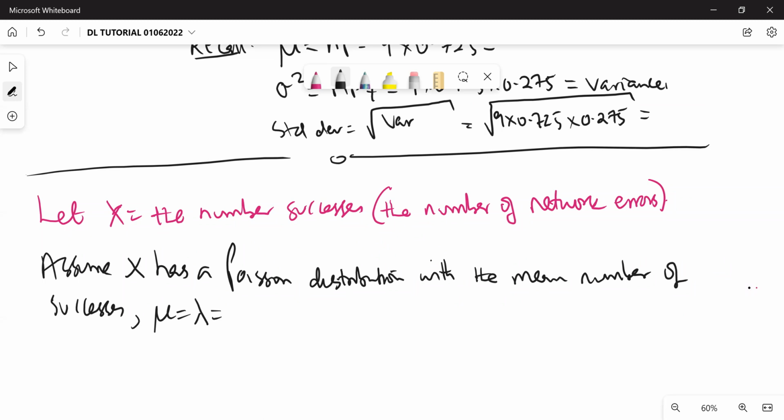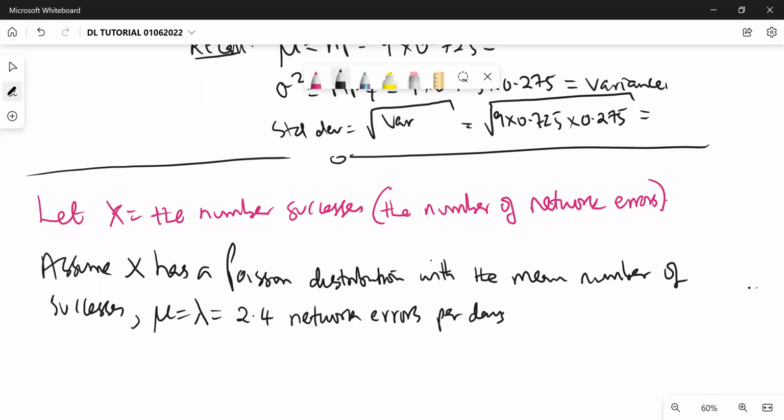You can call it mu or lambda. I prefer to call it lambda, being equal to 2.4 network errors per day.